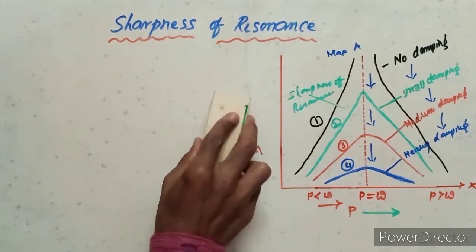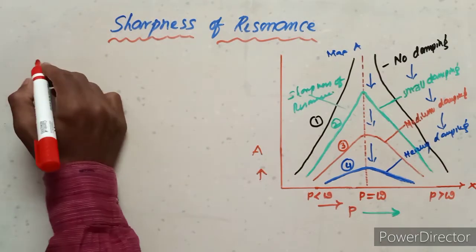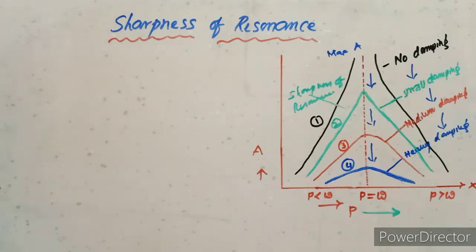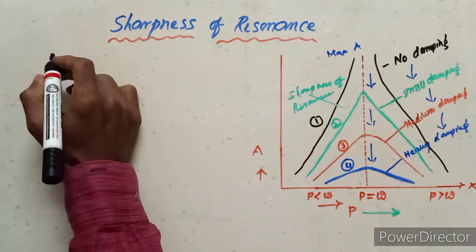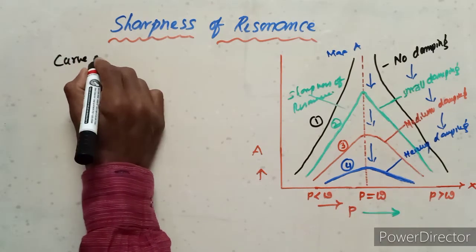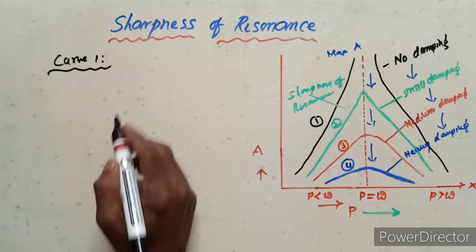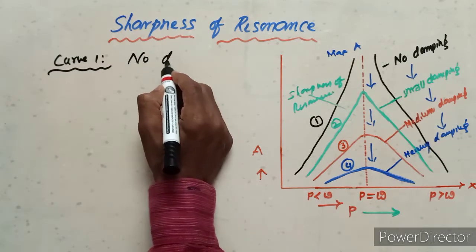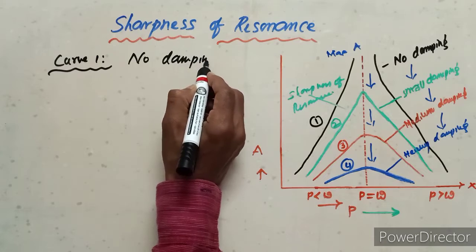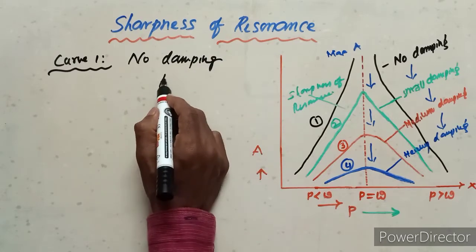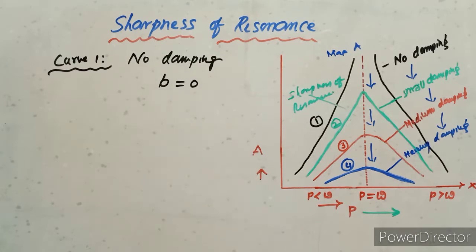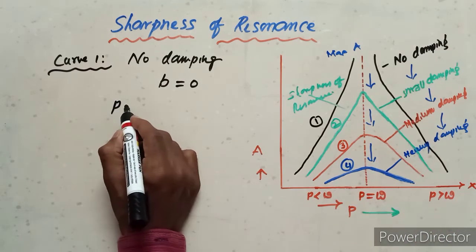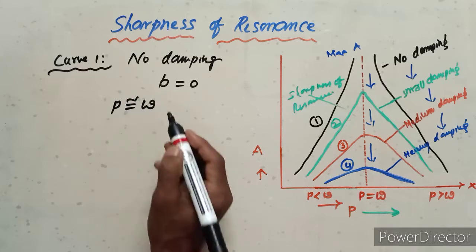First curve, curve 1, is indicated here in black color. No damping. No damping means b equals 0. And also in every case P is approximately equal to omega.